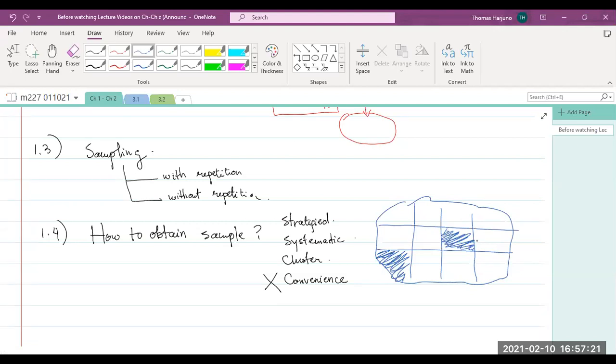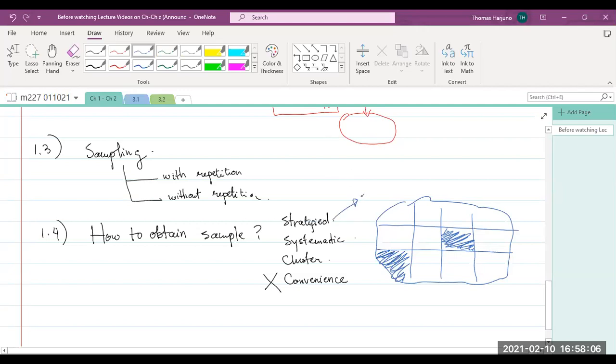So the difference between clustering and stratifying is that both of them separate the population into classes first. Now, the stratified method will have some people from each class. Clustering method, you will get all people from some classes. Now, let me write it down so that you see the difference. When you see examples from the lecture video later on, I hope it becomes clearer.